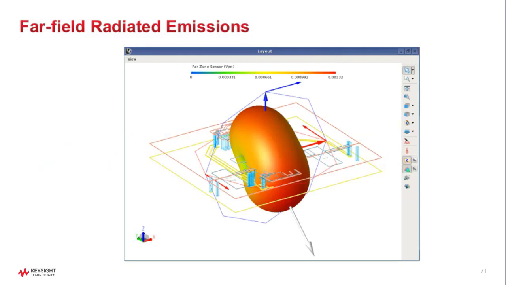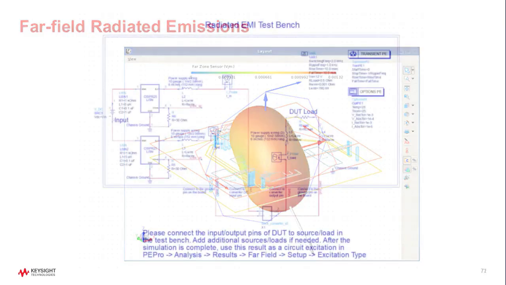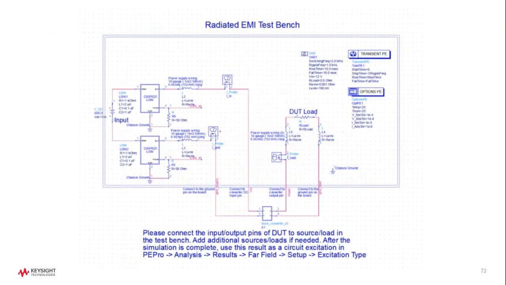If we have time, I'll do the demo for radiation, but this is a plot of the captured radiation at a certain frequency. What's unique here is in this test bench, we attach your layout, your components, and we extract its time domain behavior. That's FFT'd to the frequency domain, and all the frequency content that's in there can then be used as an antenna excitation.